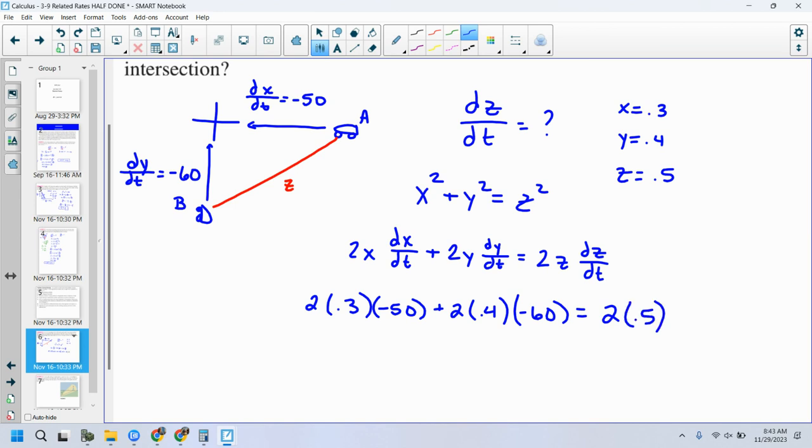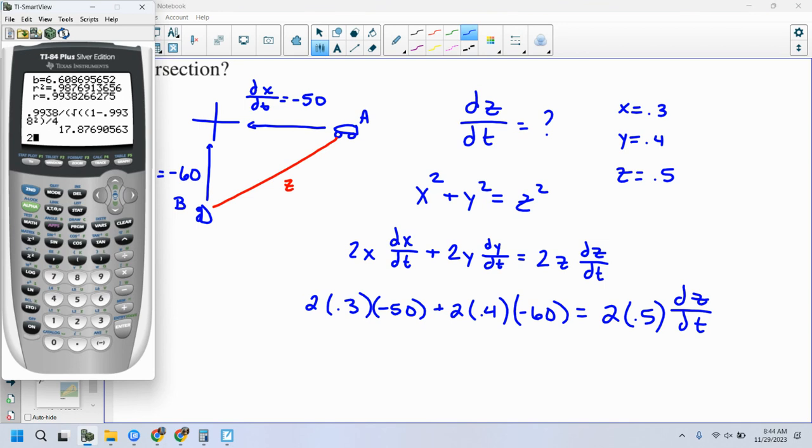But again, it's a 3, 4, 5. 2 times 0.5 times dz/dt, which we don't know because that's what we're trying to find. Look, an entire equation with just dz/dt in it. Let's start to solve. Okay, 2 times 0.3 times negative 50 plus 2 times 0.4 times negative 60, negative 78, and we divide by 2 times 0.5.